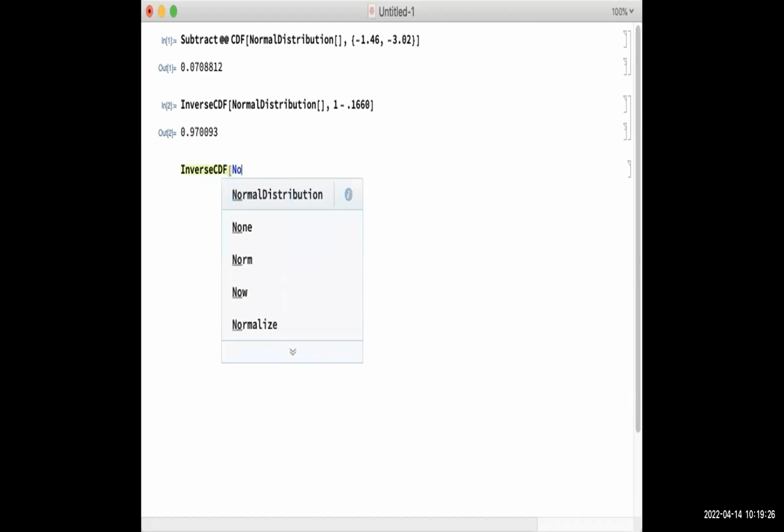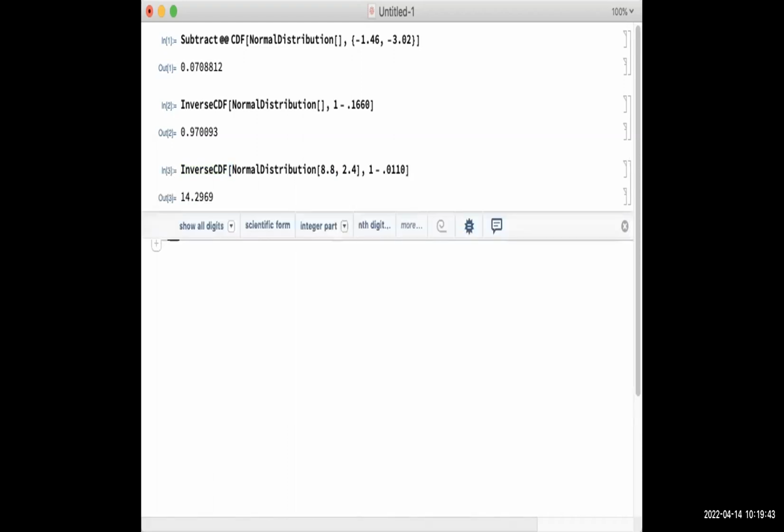The inverse CDF for the normal distribution with parameters: the mean is 8.8, standard deviation is 2.4. And the area is 1 minus 0.0110. And so I get 14.2969.